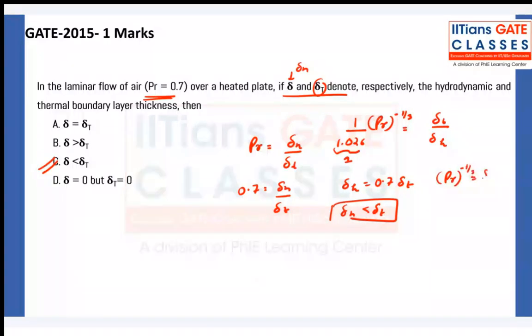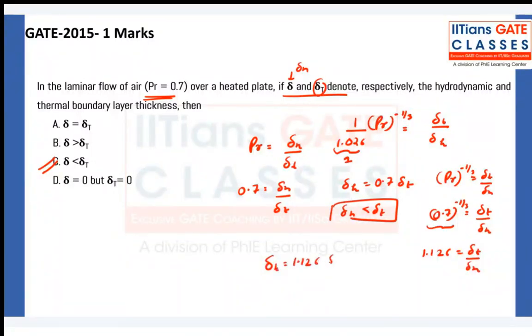Write this 0.7 to the power minus 1 by 3. I don't know how much it is coming. Tell me how much is it coming? 1.126. So now what is it telling you? It is telling you that thermal boundary layer is 1.126 times the hydrodynamic boundary layer. So thermal layer is basically greater than hydrodynamic boundary. Same answer, no?